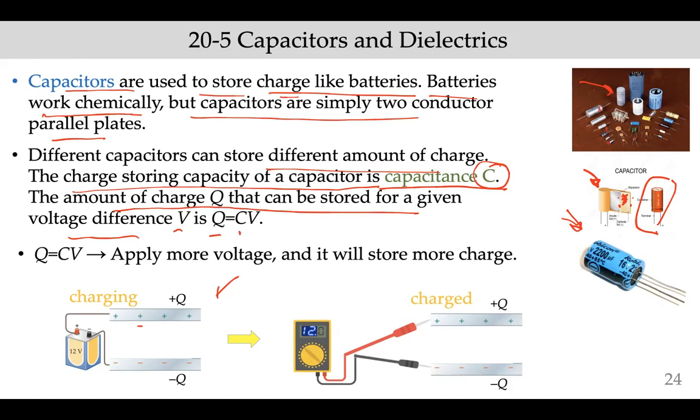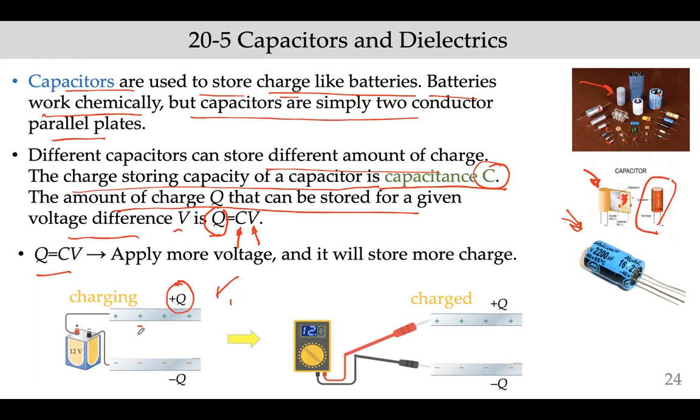These capacitors all have different capacitances. So if you connect the battery and multiply the voltage of the battery by the capacitance, you can find the charge collected. That charge is the charge on each plate, not both.